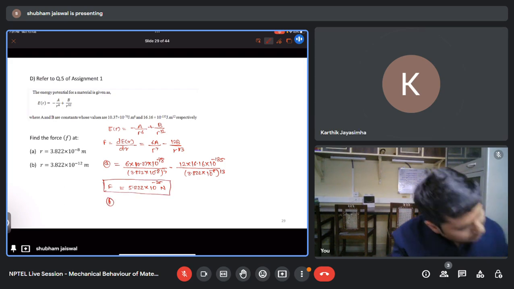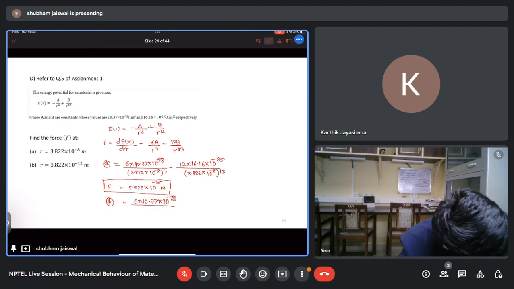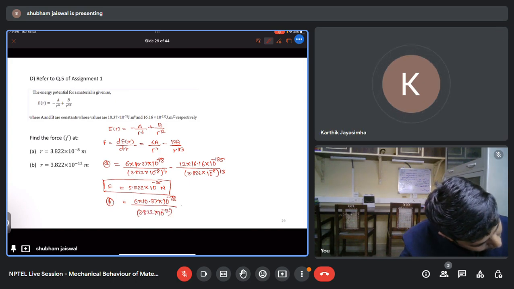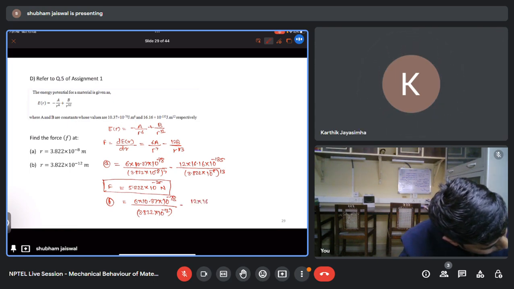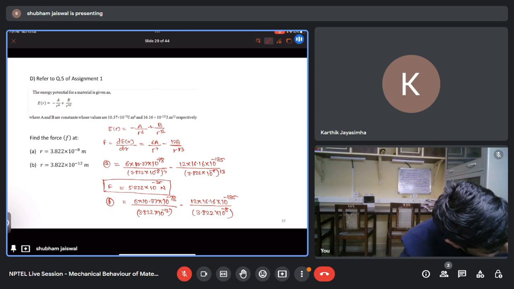Now, if I calculate for the same with 6 into 10.37 into 10 to the power minus 78 divided by 3.822 into 10 to the power minus 12 to the power 7, minus 12 into 16.16 into 10 to the power minus 135, divided by 3.822 into 10 to the power minus 8 to the power 13.